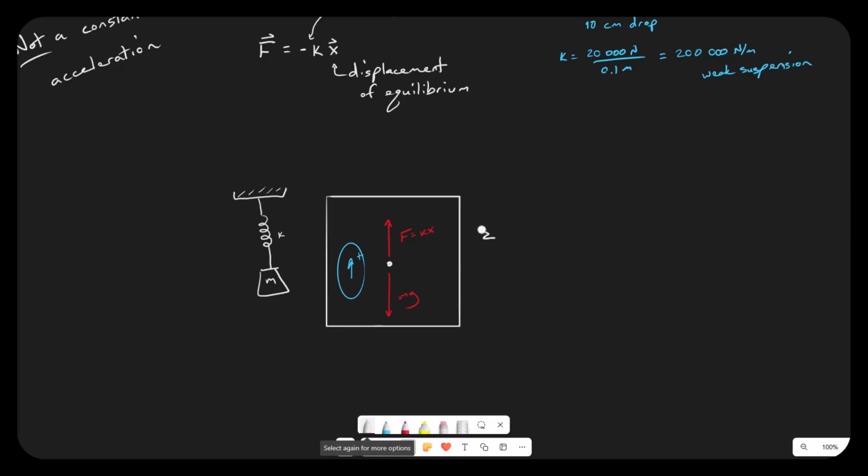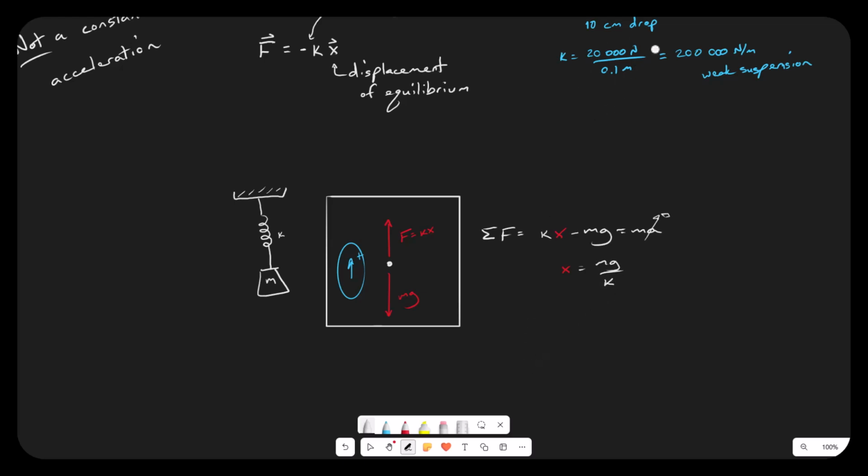And my sum of forces says k times x, where x is my displacement, minus mg equals m times acceleration, where my acceleration is going to be 0, and my displacement will be mg over k.